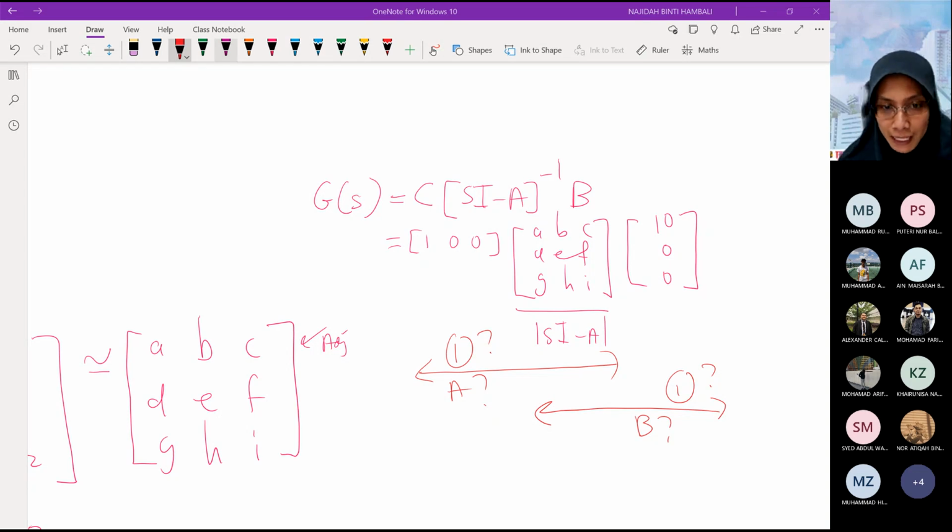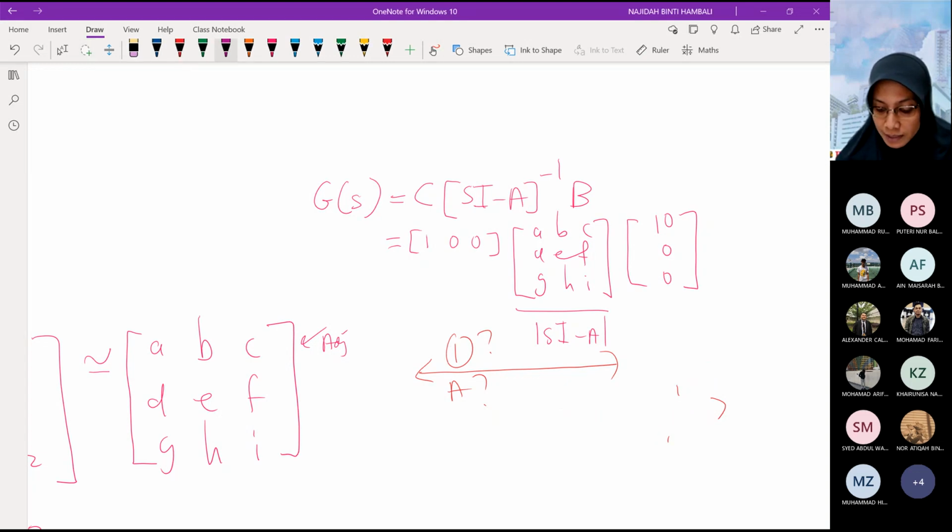Tak ada pilihan. Dua-dua dia setara sekarang. Okay, matrix C has 2 zero values, matrix B has 2 zero values. Okay, you boleh pilih mana-mana, A betul, B betul. Sama je.